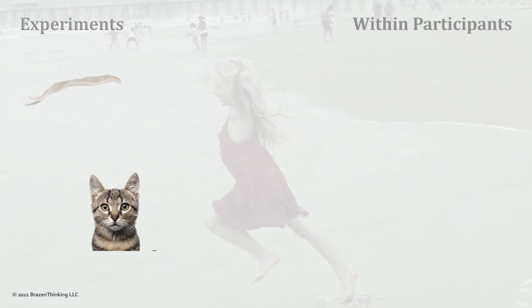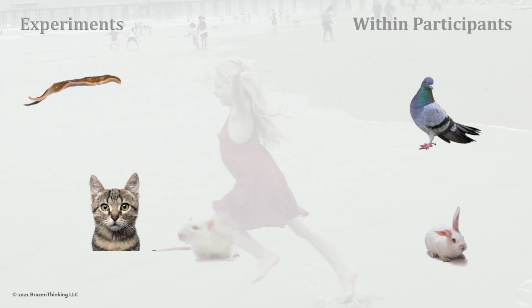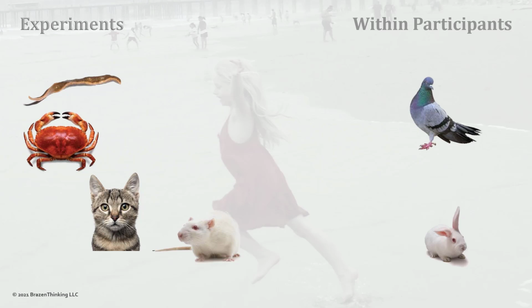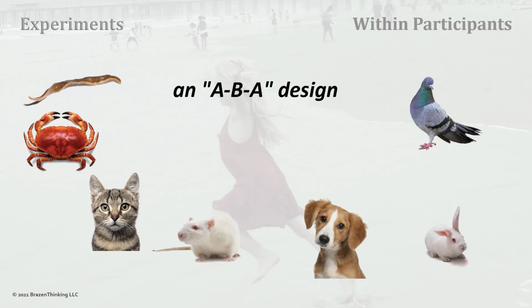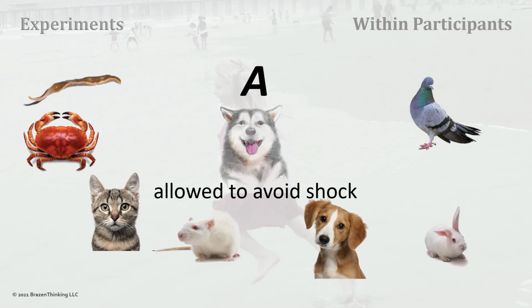Lots of the animal research on learning involves within participant experiments, assuming, not without reason, that the response being studied will come and go as treatment conditions change. And that allows meaningful work to be done with small numbers of participants, sometimes even just one, whose behavior is measured while they're not being treated in any special way.